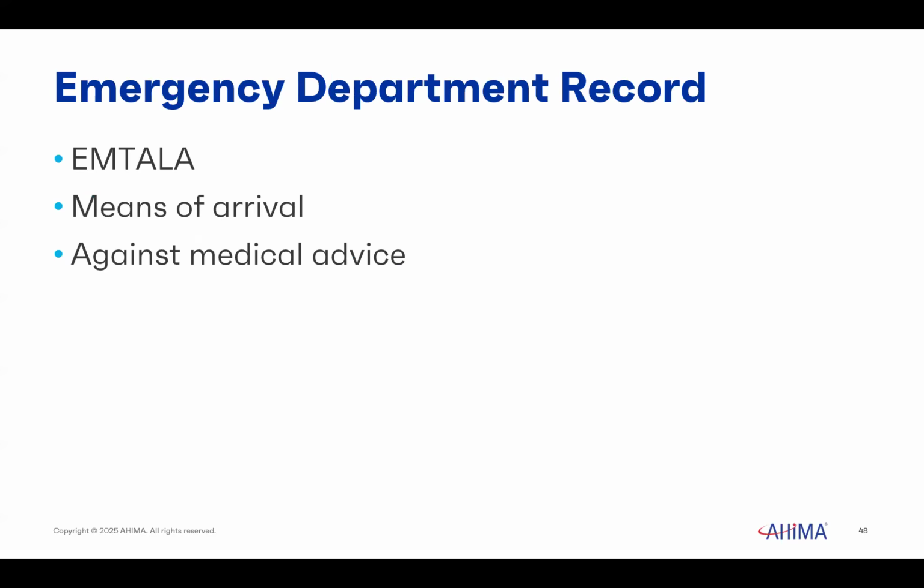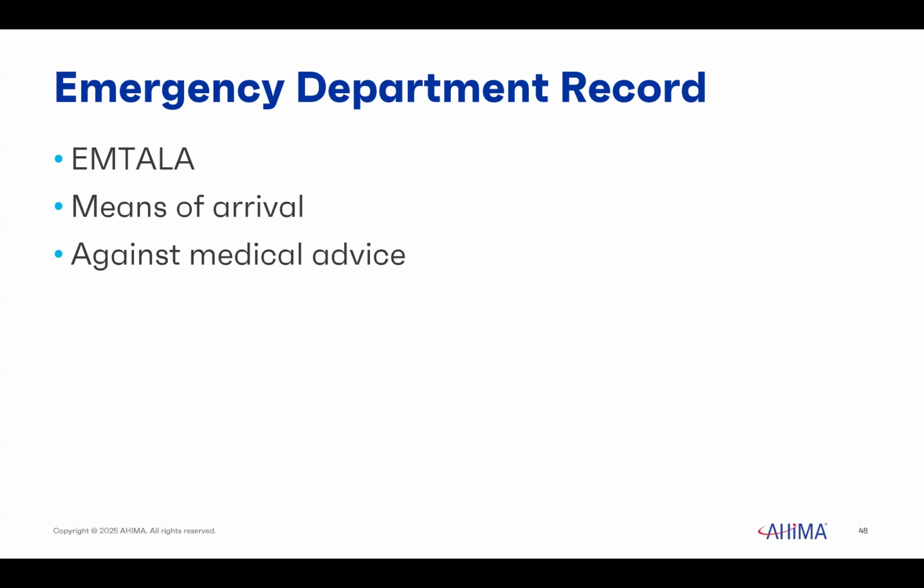Emergency department records have also different requirements, right? Think about if you've ever been seen in the emergency room or reviewed emergency room records. They always write how the patient arrived at the emergency room, whether they're going to be triaged per the Emergency Medical Treatment and Labor Act, the EMTALA, right?